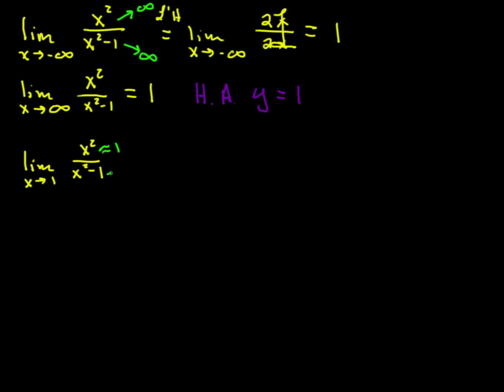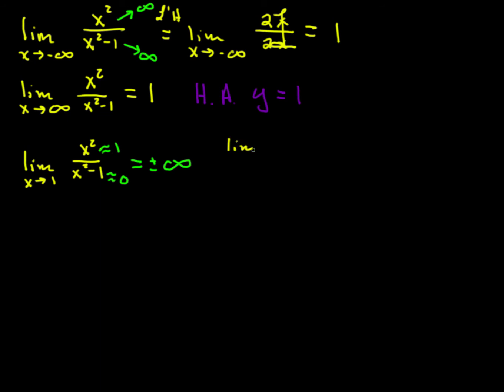But the bottom is infinitely close to 0. So I've got a finite number divided by an infinitesimal, which is an infinite number. Plus or minus, well, actually depends on what side of 1 I am. So right now the best I can say is that this is plus or minus infinity, because I've got a finite number divided by an infinitesimal. So that means I'm going to have to look at left and right hand limits.